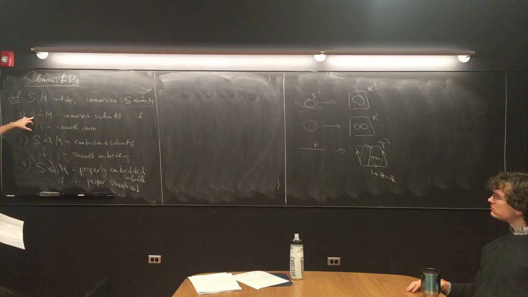So, for instance, here we know that this is a submersion, and indeed, for every point in M, it's possible to draw a section that passes through it. And I claim that if it's not possible for some point, then the map is not a submersion.